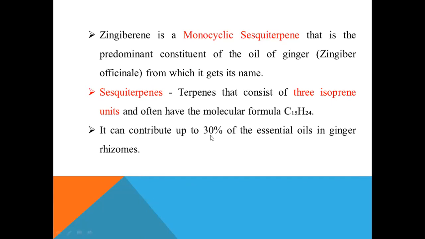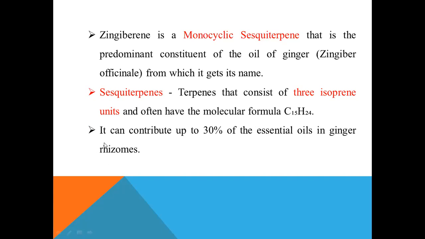It can contribute up to 30% of the essential oils in ginger rhizomes. Rhizomes means the roots. Usually the roots move downwards, whereas in the case of ginger, the roots spread horizontally. We can see that ginger roots spread horizontally, so they are called rhizomes.